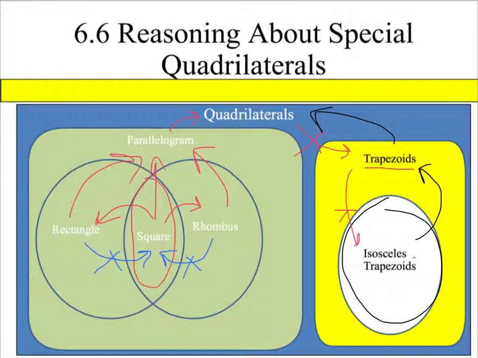Again, we cannot go back: not all parallelograms are rhombuses, not all parallelograms are rectangles, and not all quadrilaterals are parallelograms. Hopefully the chart broke it down, and it is all based on their definitions, the information that we know about them.